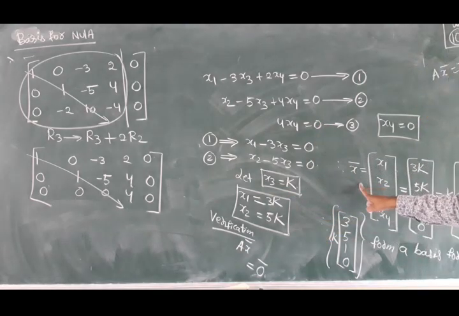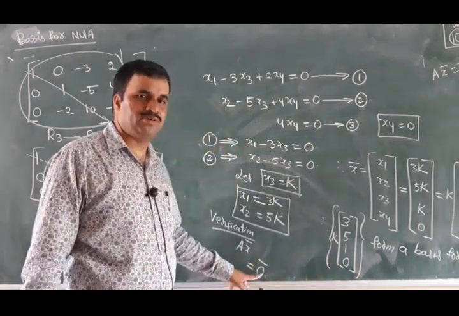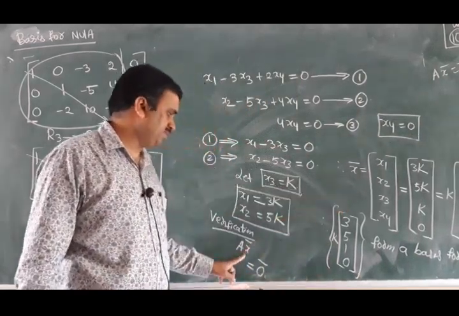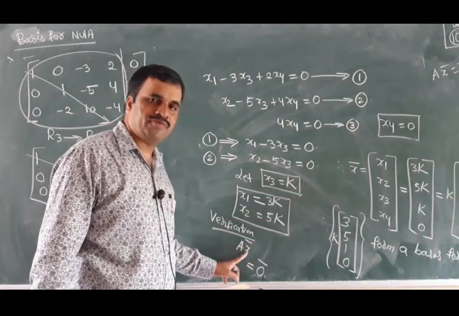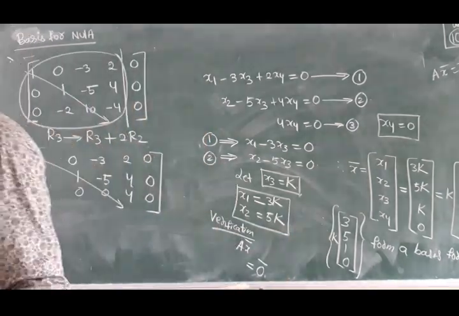If we are able to find the vector, this vector is linearly independent and spans also. So we can say it is a basis. At the same time it is a basis for null A, because A x bar is equal to 0 bar. If you find A x bar, you will get 0 bar. So this x bar is known as a basis for null A.